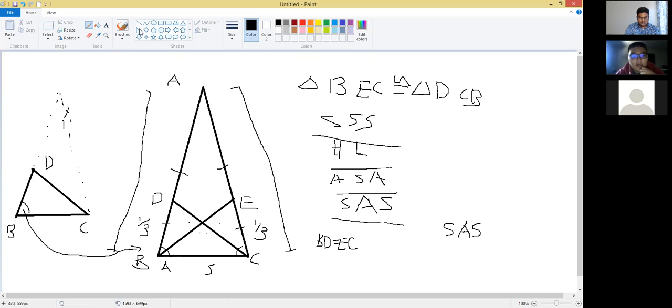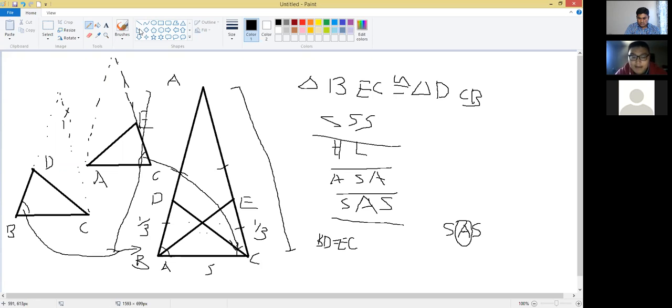So this angle should be equal to the angle here, which is here, CAE. So these two angles should be equal. Do you get it? Yeah, I see it. Okay. So after you know these two angles are equal, you have an A.